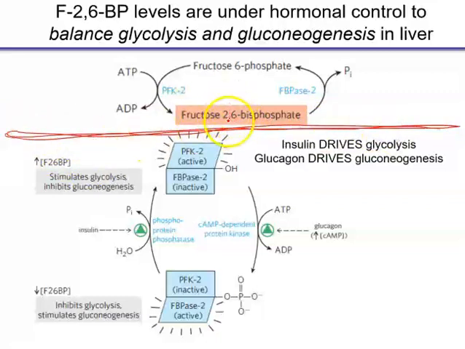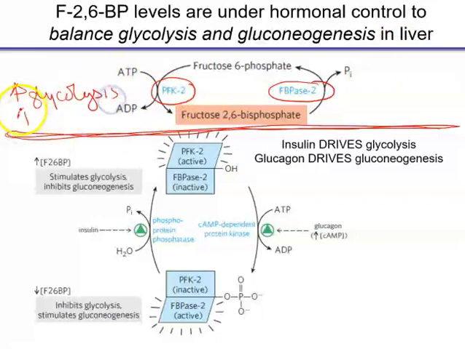Let's look at the regulation of phosphofructokinase 2 versus fructose bisphosphatase 2. So PFK2 is going to act to increase glycolysis activity by increasing the amount of fructose 2,6-bisphosphate in the cell, which increases the activity of PFK1.